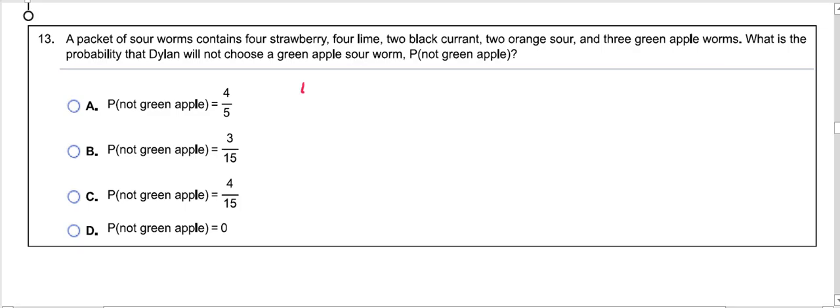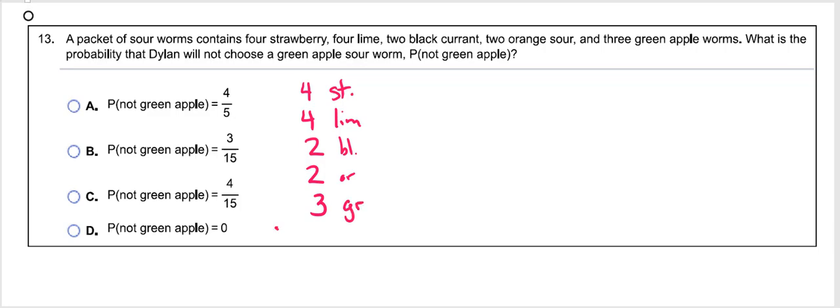We have 4 strawberry, 4 lime, 2 black currant, 2 orange, and 3 green apple. So how many total worms do we have? 4 plus 4 is 8, 9, 10, 11, 12, so 15 total.